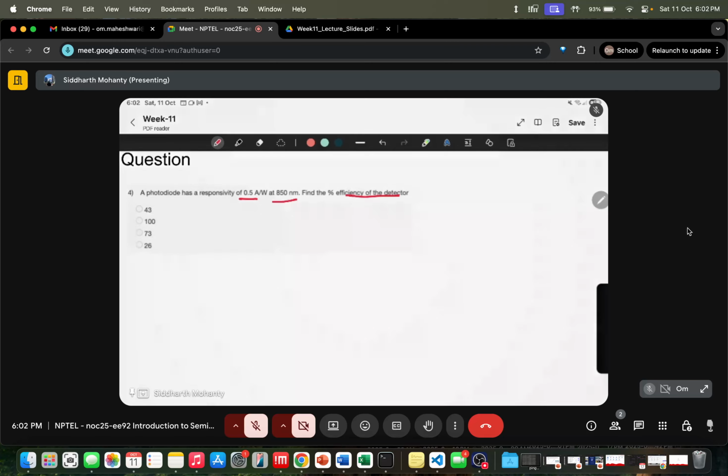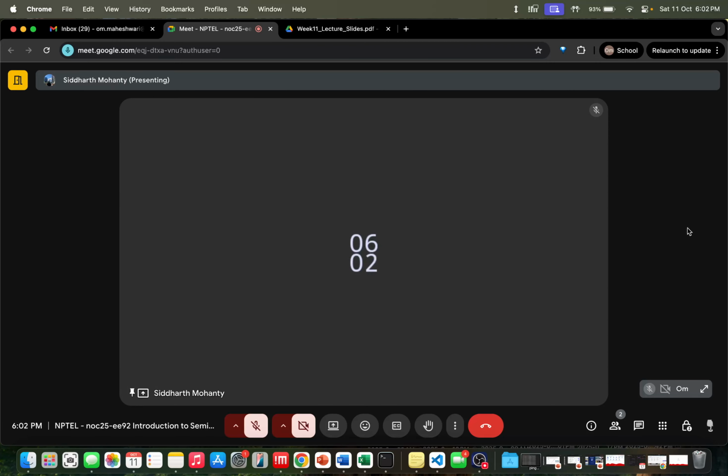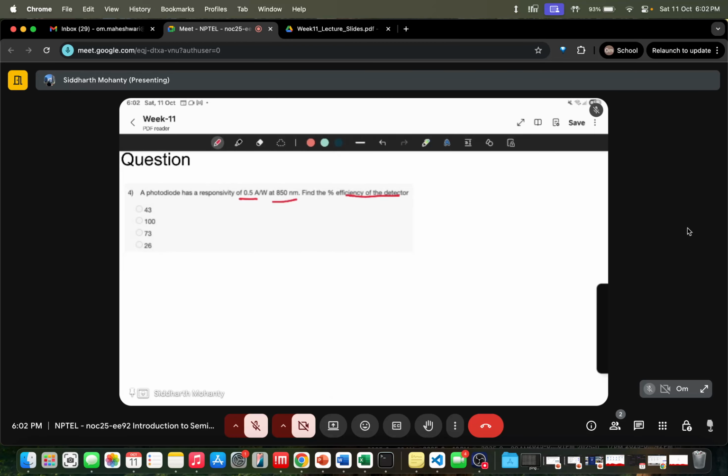So responsivity R is efficiency times lambda by 1.24, so efficiency will be R into 1.24 by lambda.